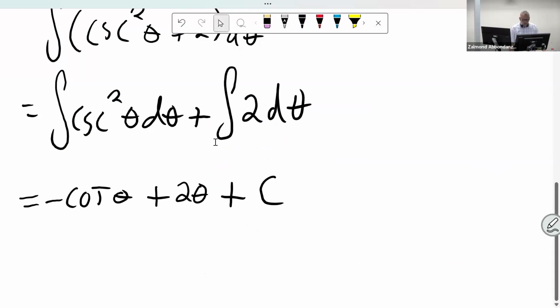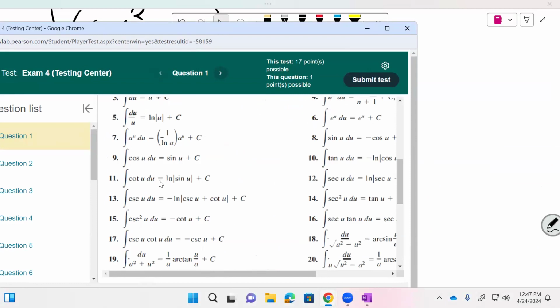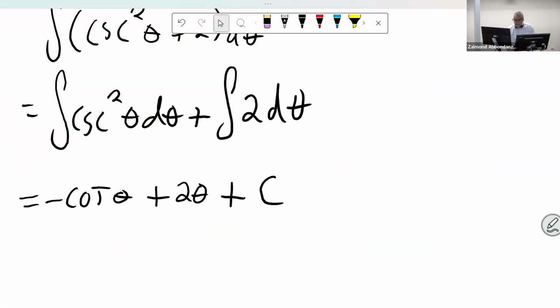Okay, so this one was fairly straightforward because it's one of those that are supplied right on the chart for you. Okay, thank you. Hey, Professor. Regarding this problem, on that formula sheet on the test, it said u du. So are you telling us we don't have to substitute and write let statements for u du for this kind of problem? The only time you have to make a substitution is when it's necessary.